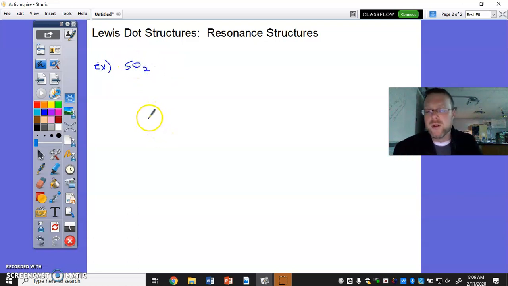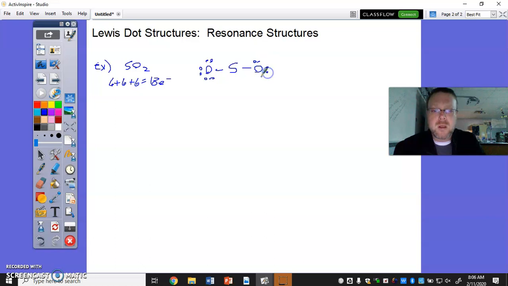Now if you were to build a model of this, you've got your 6 plus oxygen also has 6, and another oxygen has 6, adds up to 18 electrons in the structure. And if you start to build the model for sulfur dioxide, put in your electrons, you're going to run out of electrons about right here. Here we've got to 18, okay?